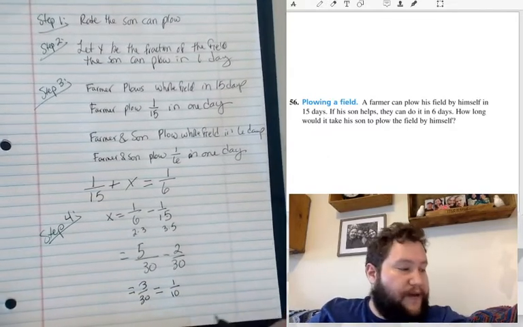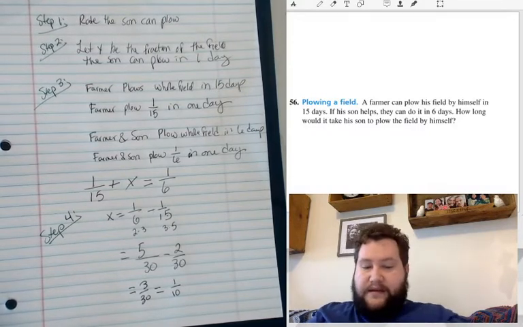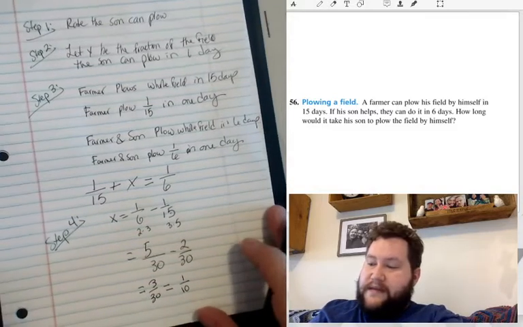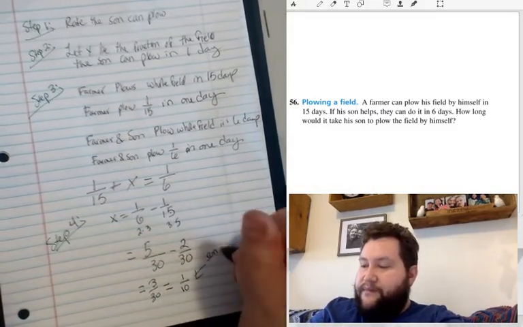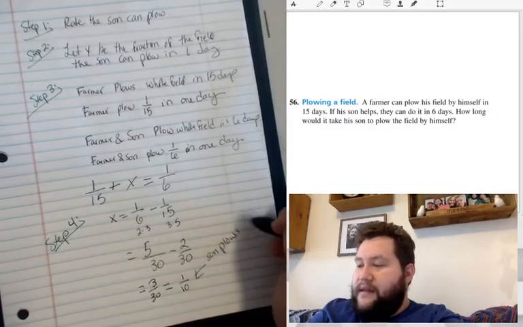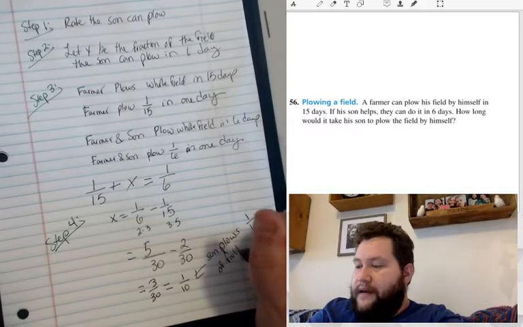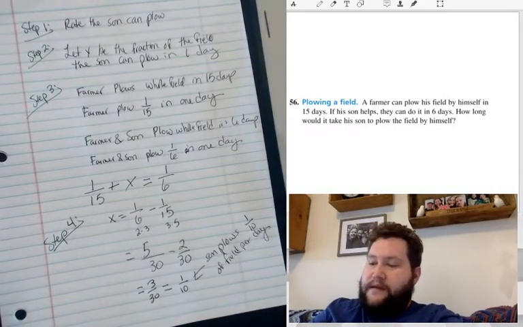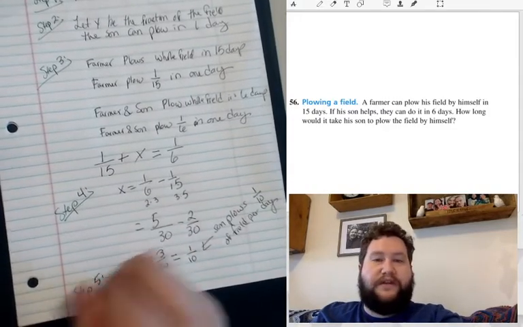And then our step 5 says answer the question. So this tells us that the son plows 1/10 of the field per day. Step 5, answer the question that's asked in the problem.